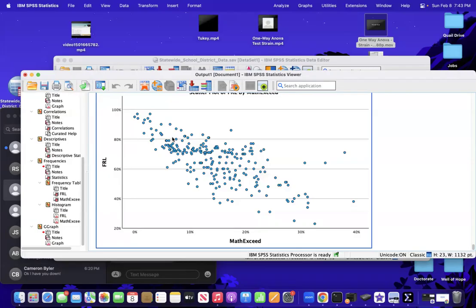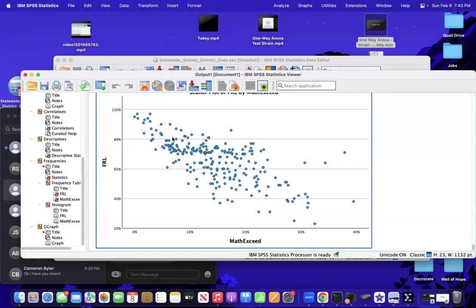Is it meaningful? Yes, it is meaningful. The correlation strength is strong. Practically, this means that as poverty increases in a district, math scores tend to decrease substantially. So this suggests that funding is necessary for these districts.